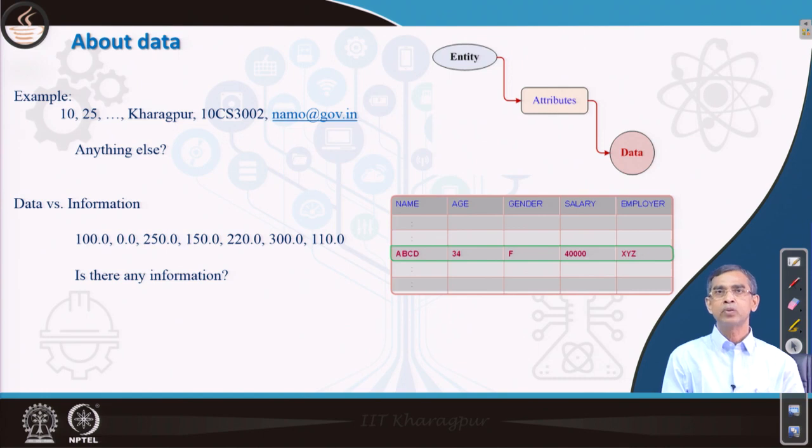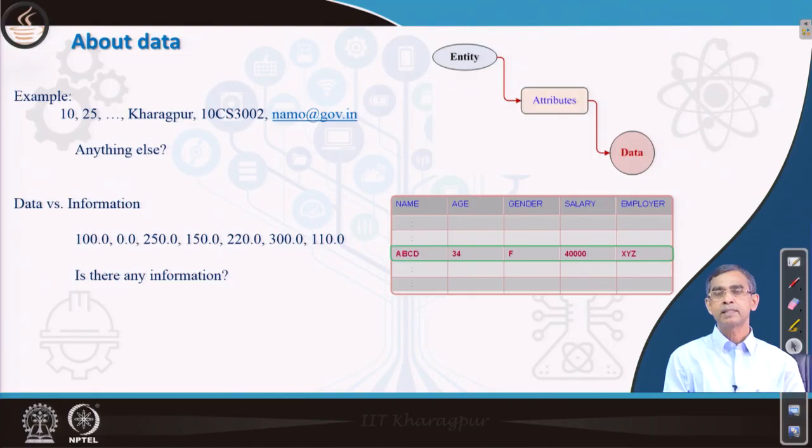Now, data is related to what? Actually, data is related to what we call an entity. Entity, in a simple way, can be called a record. For example, record of a student, record of an employer or employee, record of a course, record of an institution, and so many things are there. Now, an entity which represents a real life thing is basically characterized with a set of attributes.